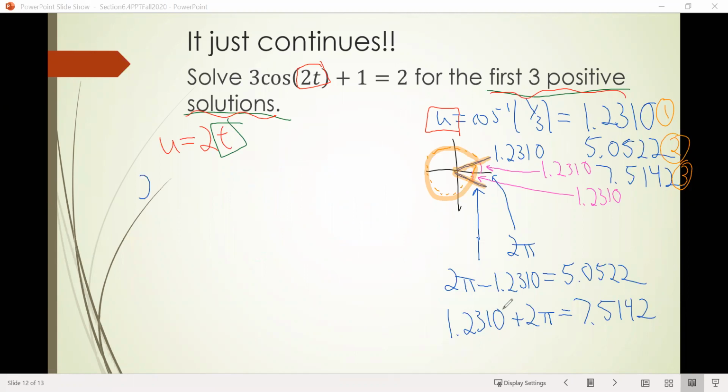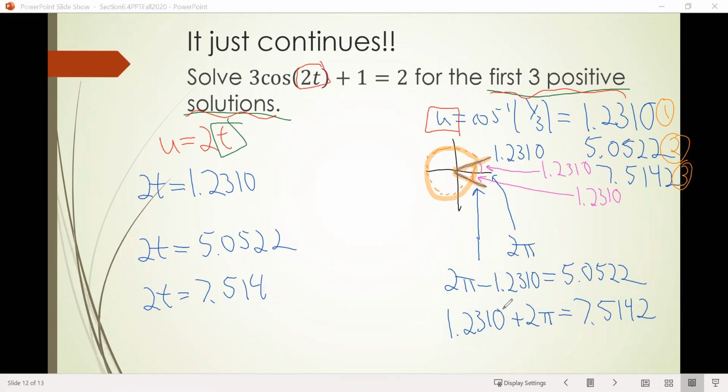So we'd have 2t equals 1.2310, 2t equals 5.0522, and 2t equals 7.5142. Then on each of these, we divide both sides by 2.